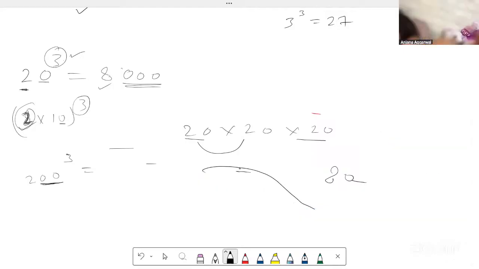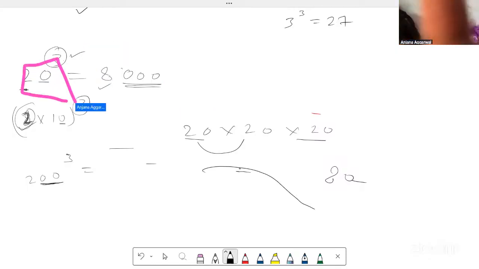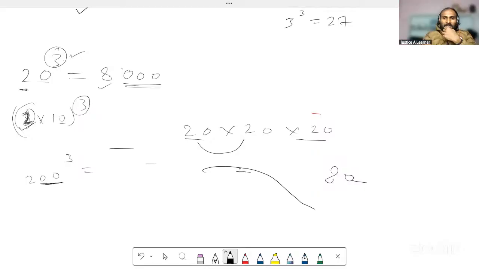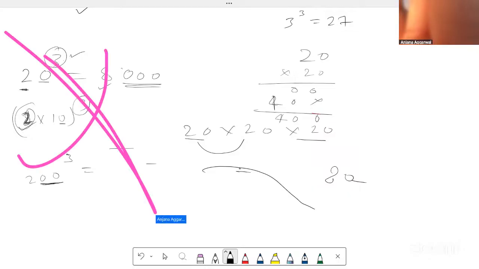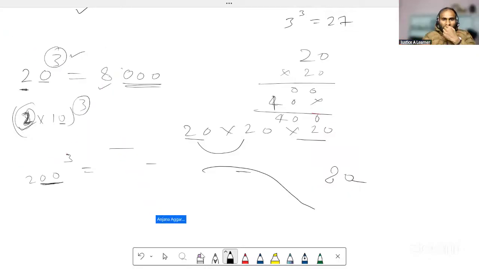I get 8,000, but what will happen to this zero? Nothing would happen to that zero. If you're still confused, I would use this method. Okay, I get it. The zero is a part of the number.